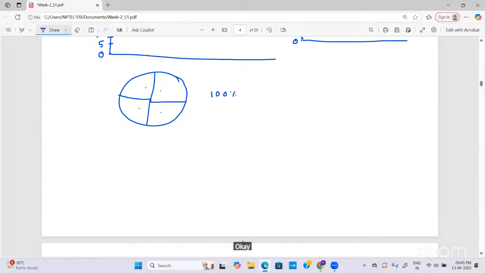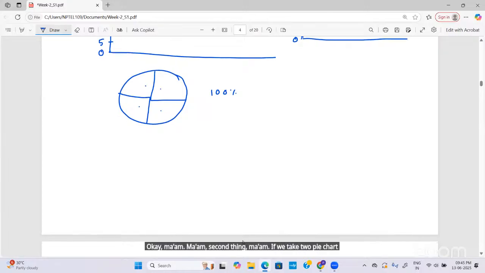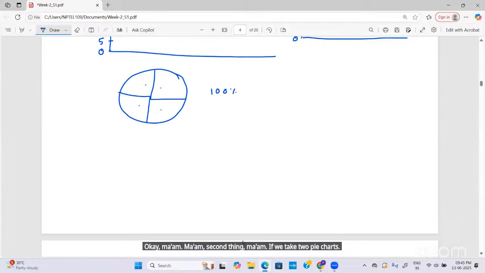Okay, ma'am. Second thing, ma'am. If we take two pie charts or two bar charts where the values are totally the same, but the total population is 10 in the first and 10,000 in the second, will both look the same? Then what is the difference?